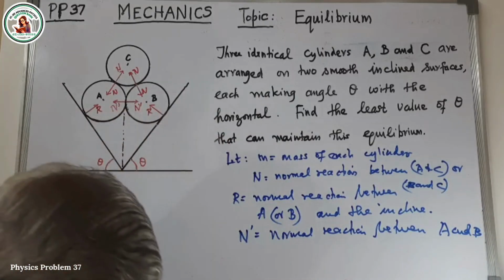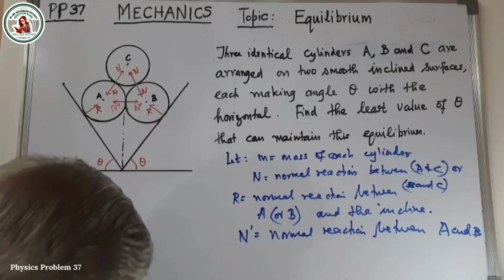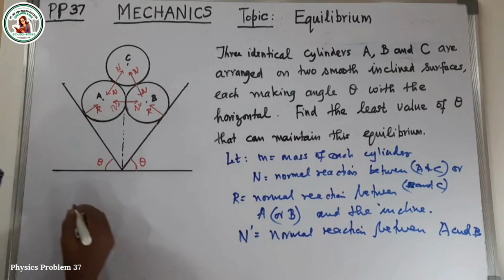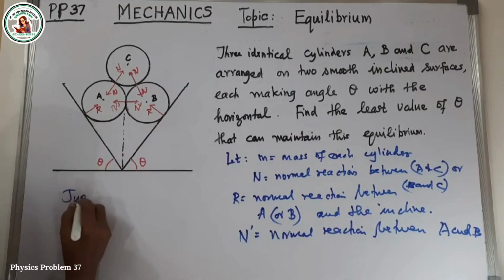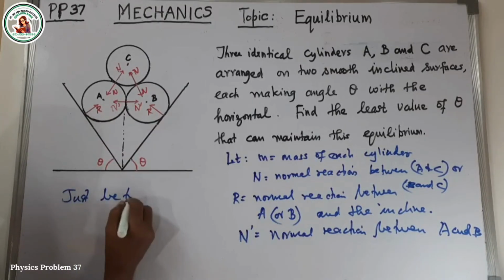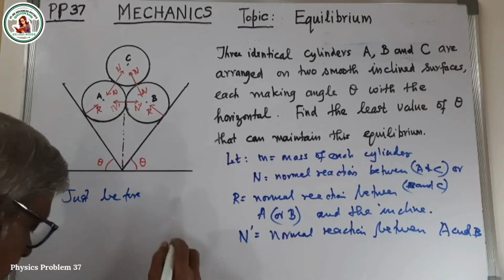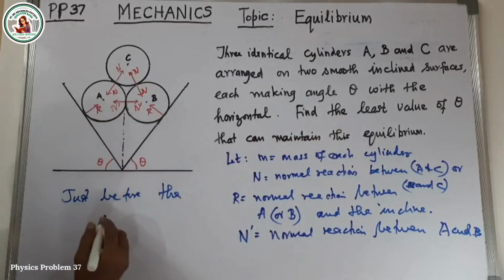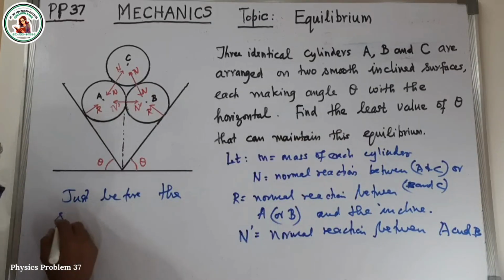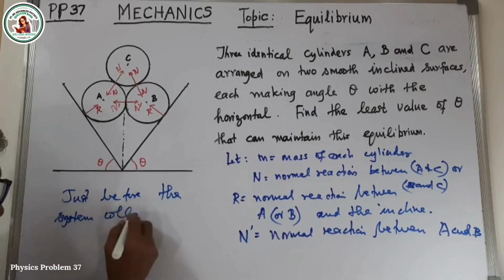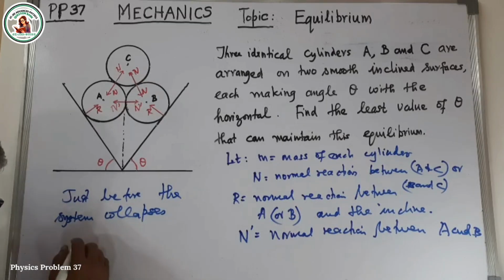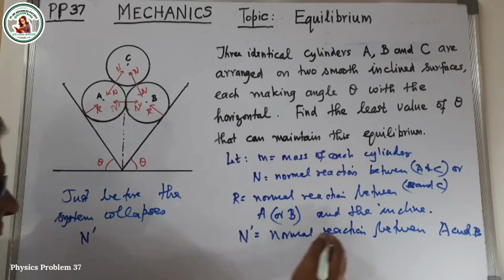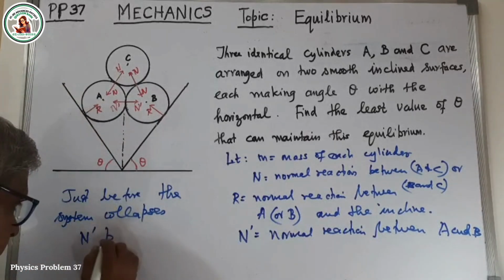Just before the system collapses, the equilibrium is broken, and N dash, the normal reaction between A and B, becomes 0.